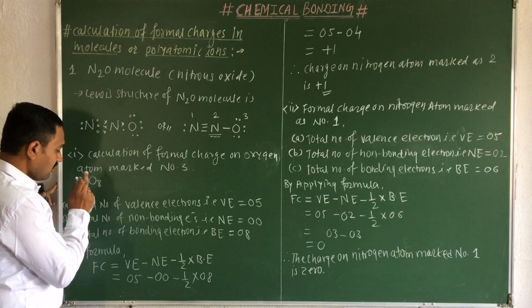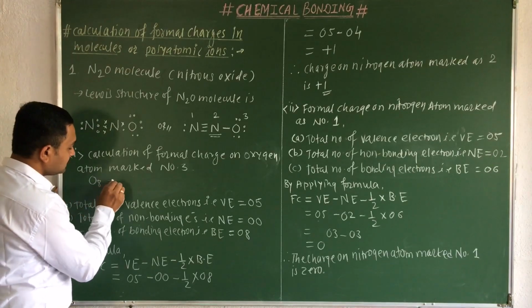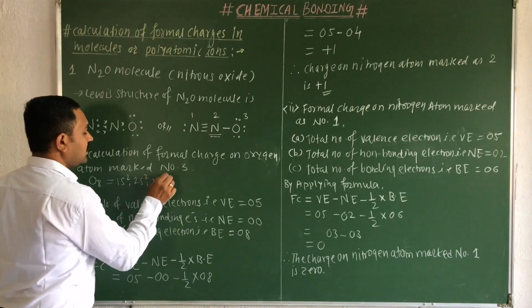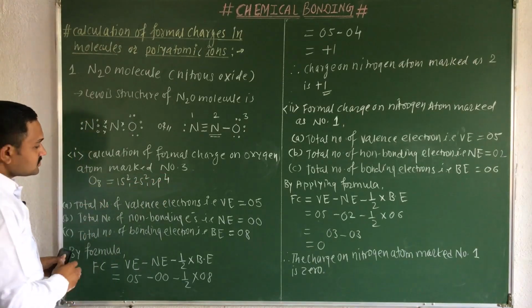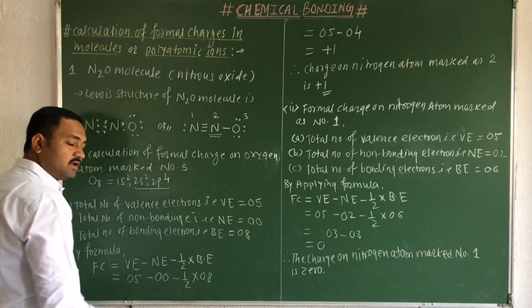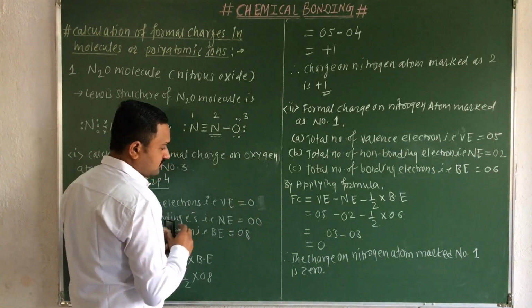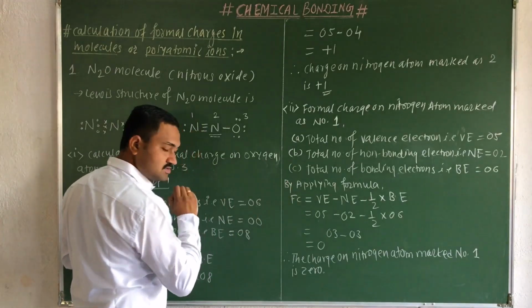Oxygen atom, its atomic number is 8, so its electronic configuration is 1s2, 2s2 and 2p4. So again we know that 2s and 2p will contribute to the valence electrons. So total number of valence electrons for the oxygen atom will be equals to 6.